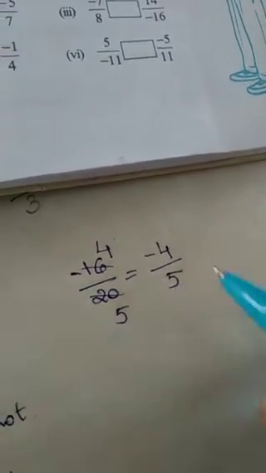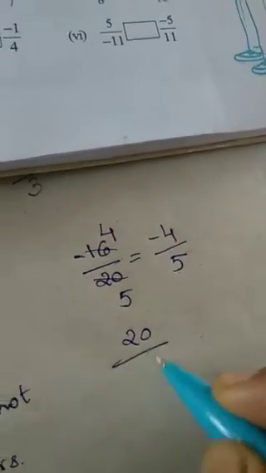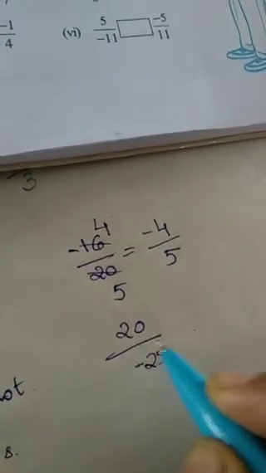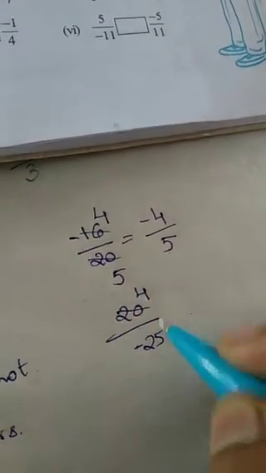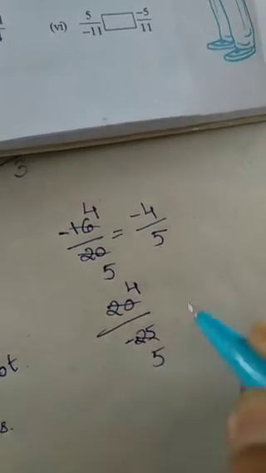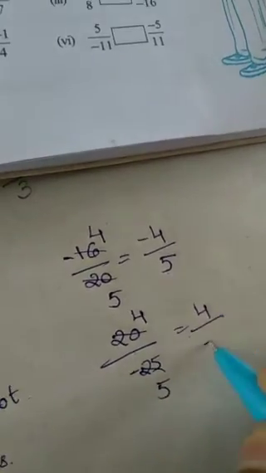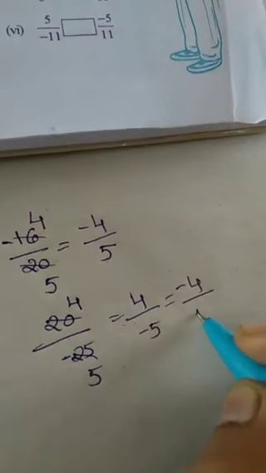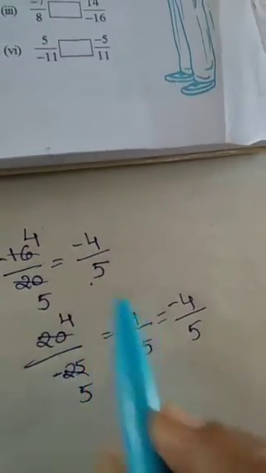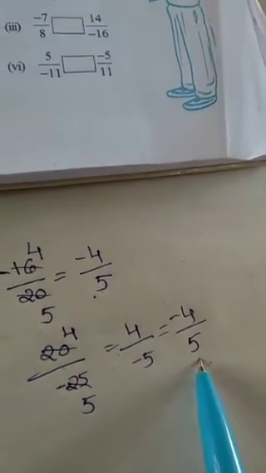The second rational number is 20 by negative 25. 5 4s are 20, 5 5s are 25. That means 4 by negative 5. It can also be written as negative 4 by 5.